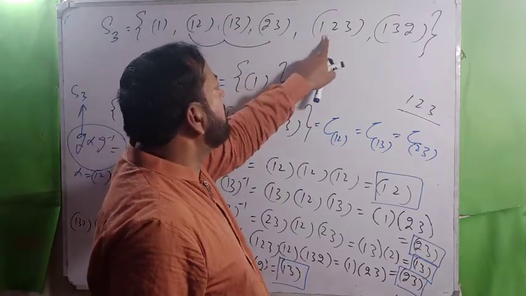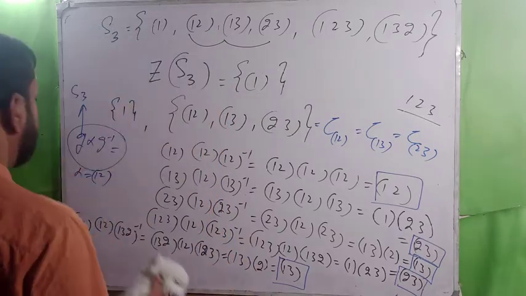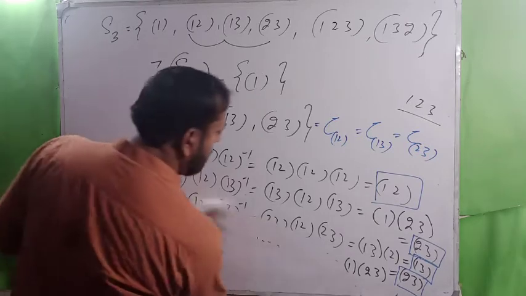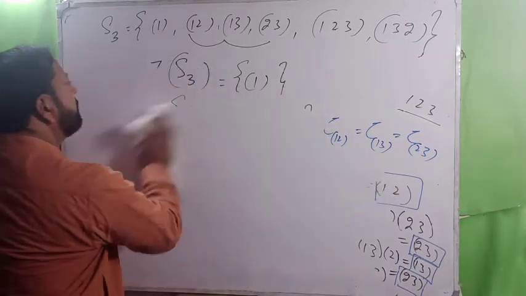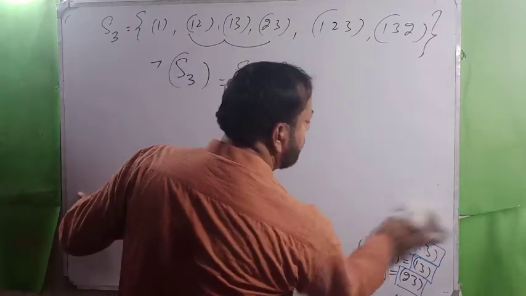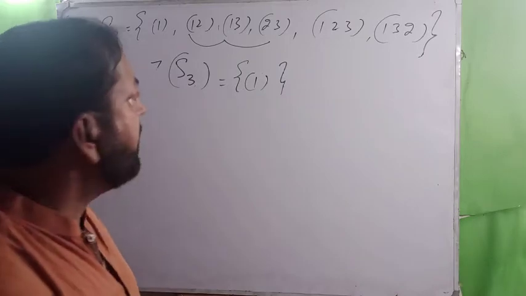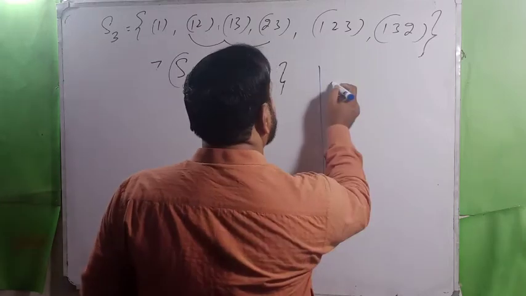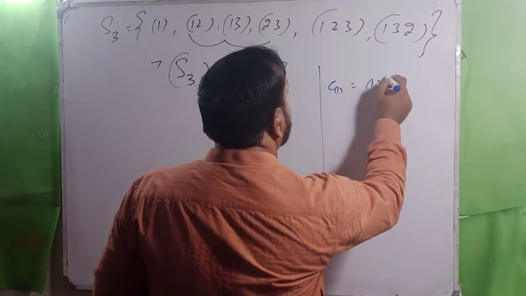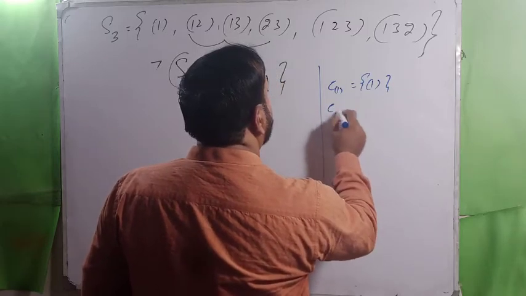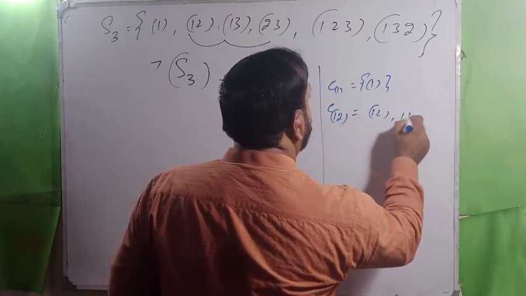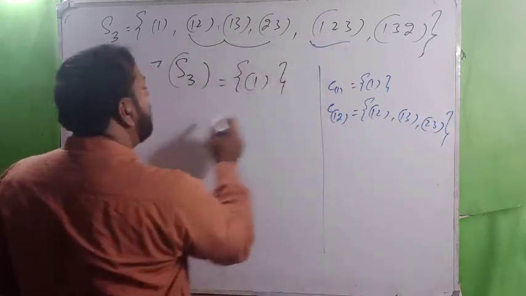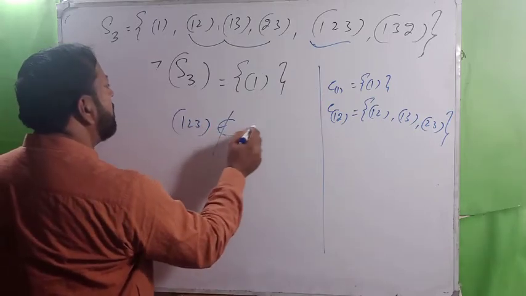Next, (1 2 3). You can find the class of (1 2 3). For this one, I have no ability to write its conjugacy class directly. So what were the conjugacy classes? C1 was the identity, and C(1 2) was (1 2), (1 3), (2 3). And you know this is (1 2 3). (1 2 3) does not belong to the center of S3.